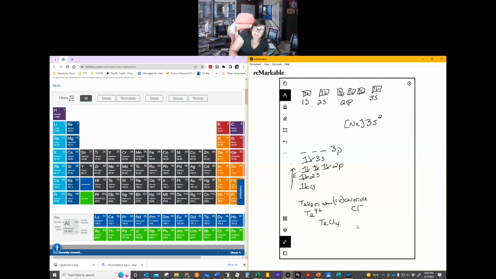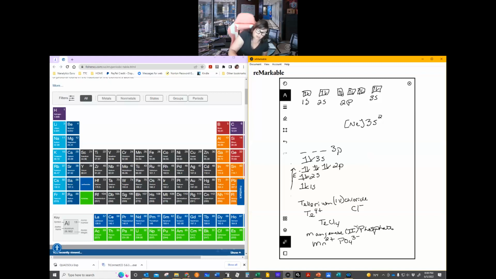All right. Here, manganese(II) phosphate. So manganese is Mn. I know that it's a 2 plus. Phosphate is PO4 3 minus.